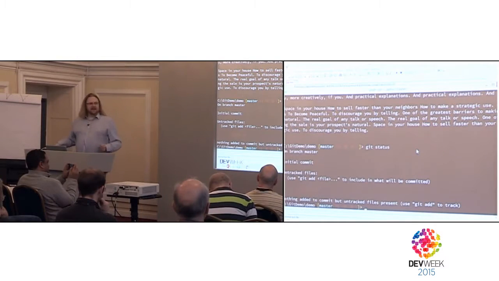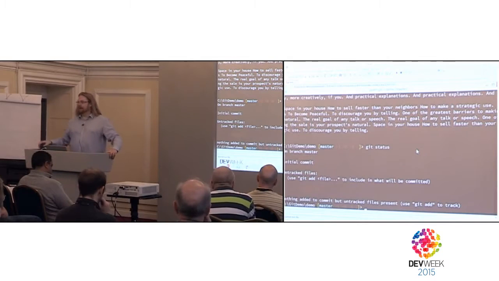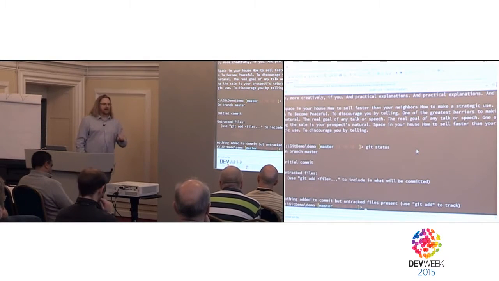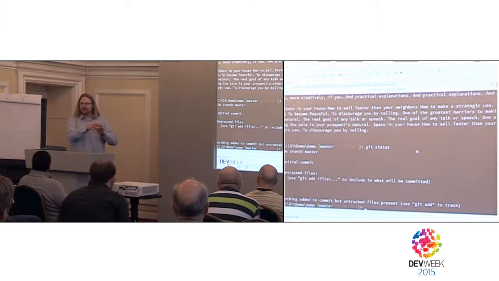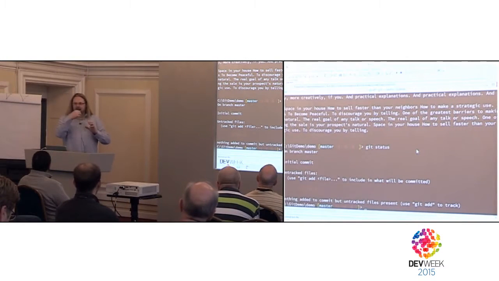So what I need to do is track the file. I need to put it somewhere where I can stage it before it gets to commit. So this is the other major difference between working with Subversion, TFS or Git. Generally in Subversion, you would make your changes and you commit the changes, right? In Git, you stage them.